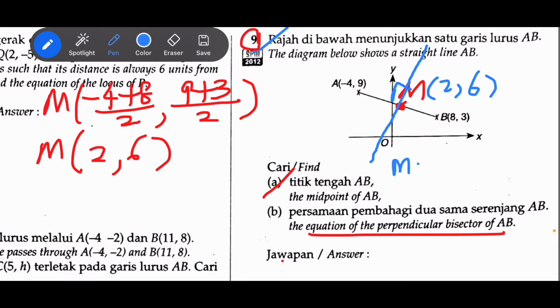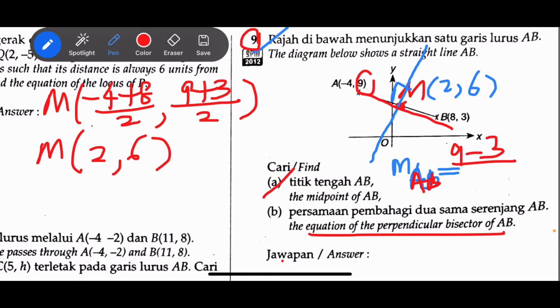So I'm going to find the gradient for AB first. The gradient for AB is y2 minus y1 over x2 minus x1, so I take 9 minus 3 over negative 4 minus 8.